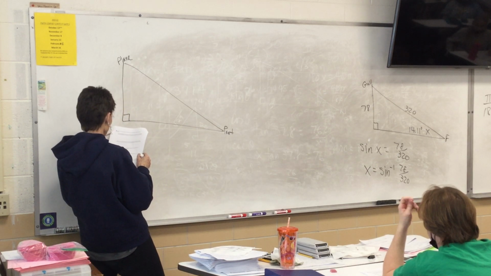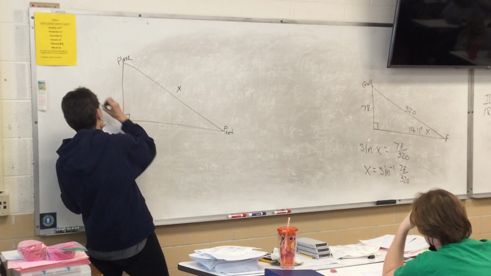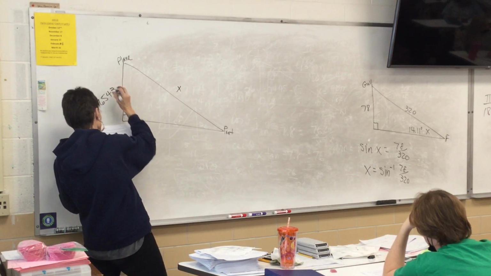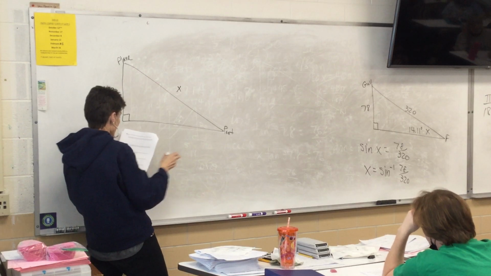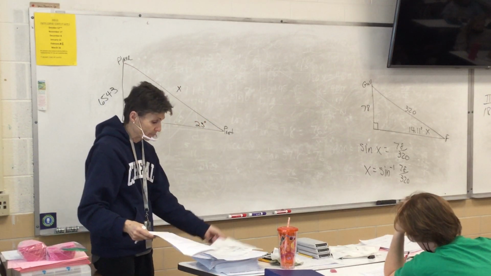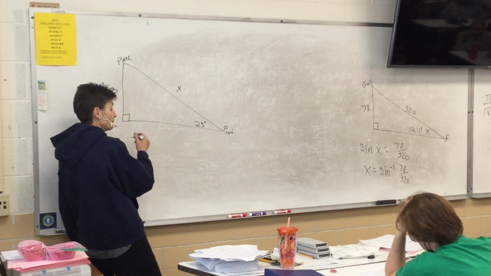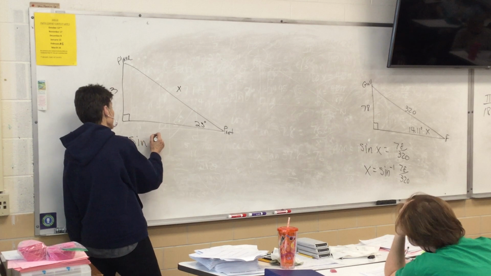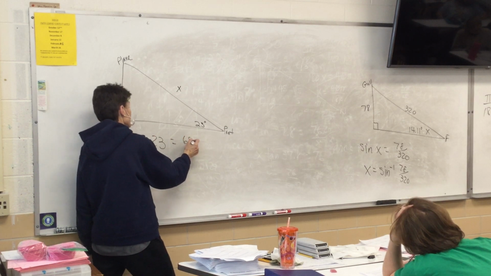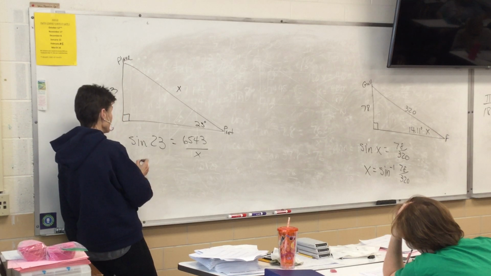How far is an airplane from the airport if he's 6,543 feet above the ground and the angle is 23 degrees? Does that picture make sense? Sine, cosine, or tangent? Sine 23 equals 6,543 over x, opposite over hypotenuse.